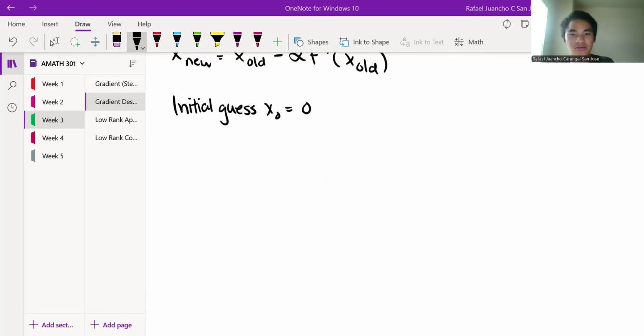And let's say that alpha, or we call it a learning rate, let's say 0.1. Another way we could have, anyway. And then what's the number of steps? 10, right?